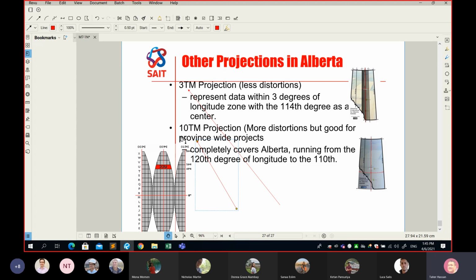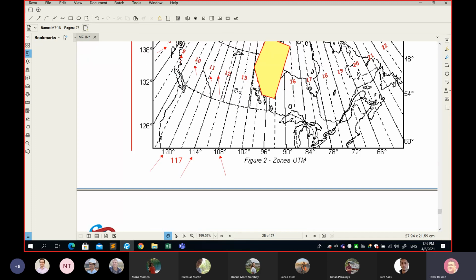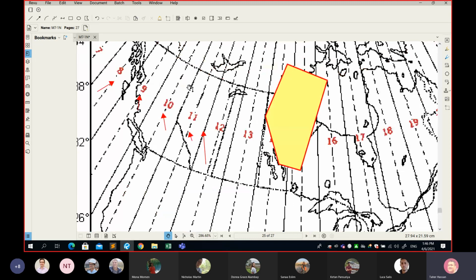But what's the good thing about 10TM? It simply covers a wide range. If I go back to this slide, you can see Alberta starts exactly at zone number 11, so go 6 degrees, and then another 4 degrees.